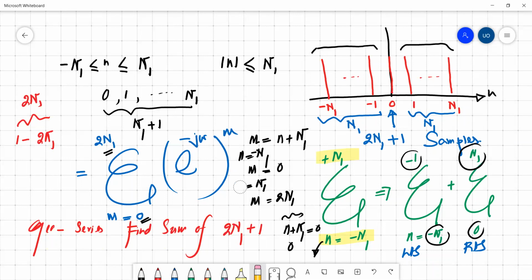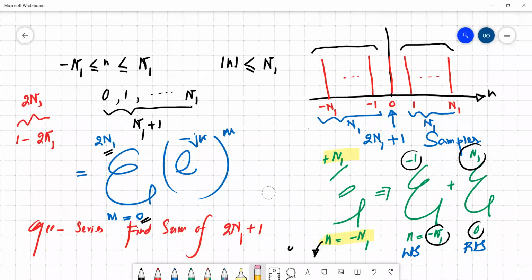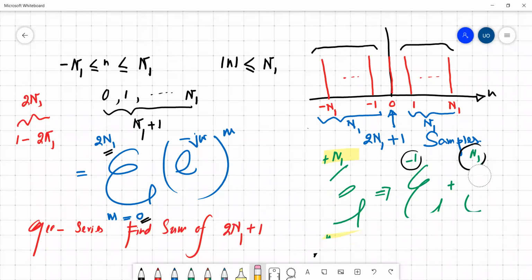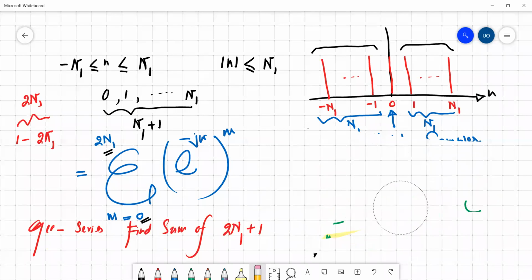Now what we can do is make it a single-sided sequence, so we can apply the fundamentals of this geometric series. Sorry, this is not m. So this is m. Now we apply this geometric series.